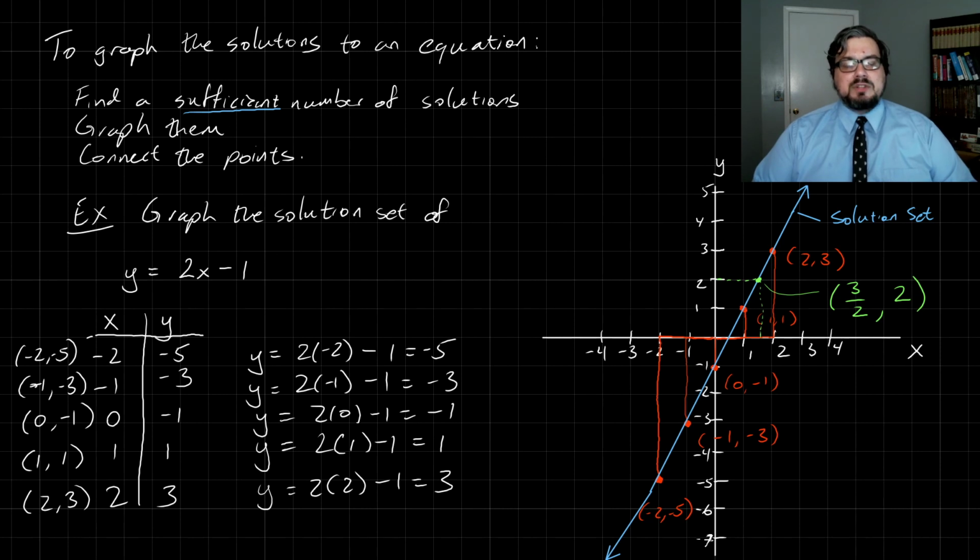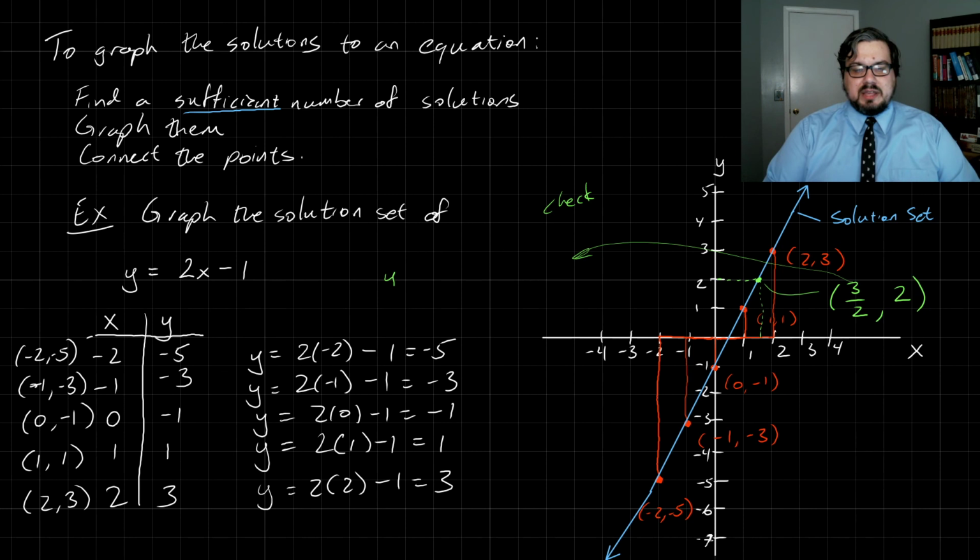If what we're saying is correct, that the blue line is the solution set to this equation, then if we plug 3/2 in for x and 2 in for y, we should get a true statement. Let's check. So here we're doing a check. If we take 2 equals 2 times 3/2 minus 1, let's see if this equation is true.